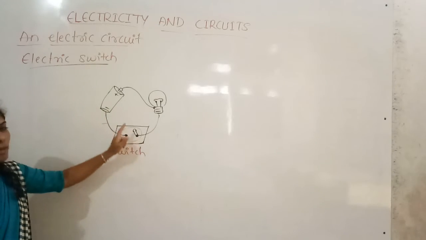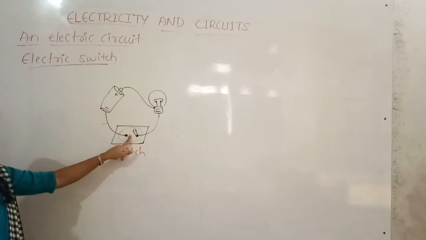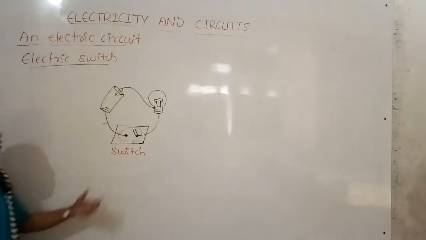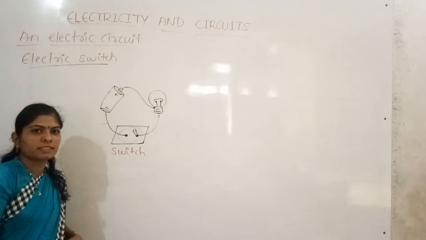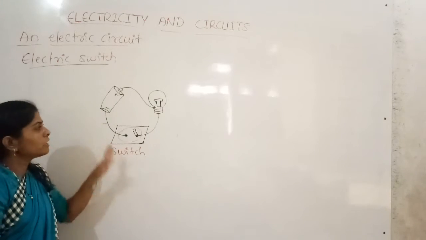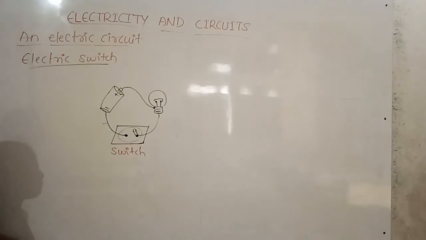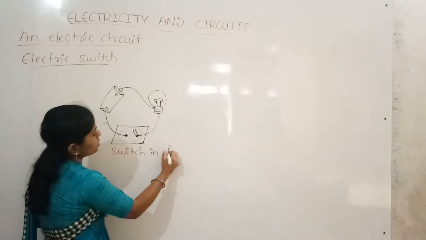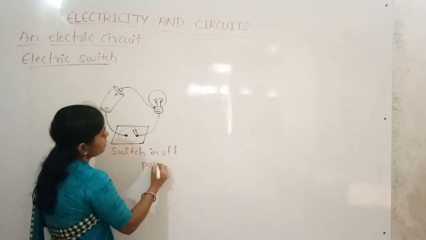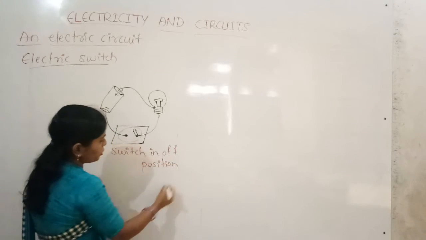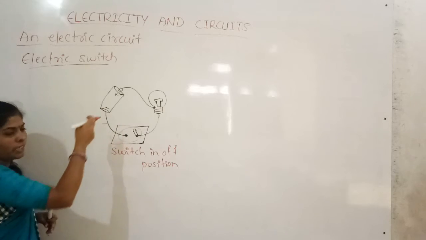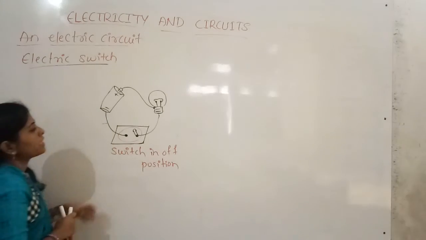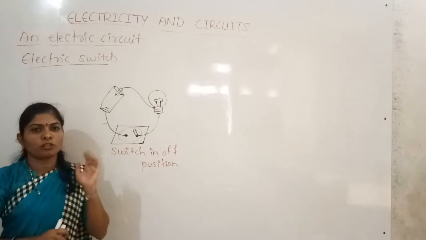When the circuit is incomplete, there is no glow of the bulb because there is no flow of electricity through the circuit. So this is what we can say, switch in off position. When the switch is in the off position, there will be no flow of electricity, so the bulb does not glow. The same thing happens in your house also.